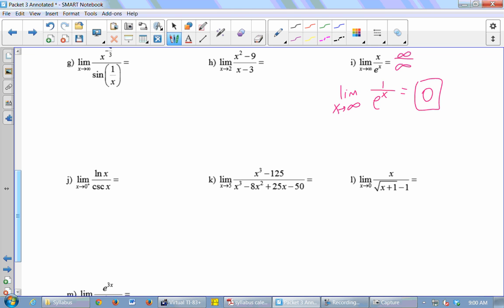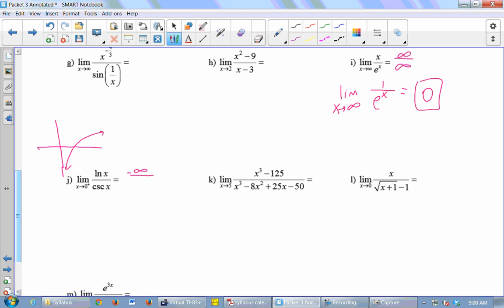Well, what's the limit as you get close to 0 from the right? So here's a graph of ln. This might help. As I'm approaching 0 from the right, what's happening to my y values of ln? Negative infinity. My numerator is going to approach negative infinity.